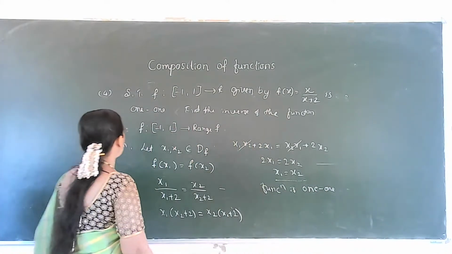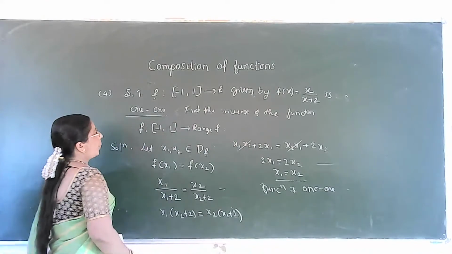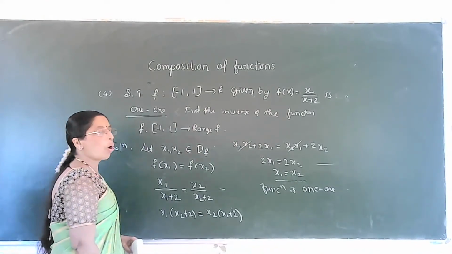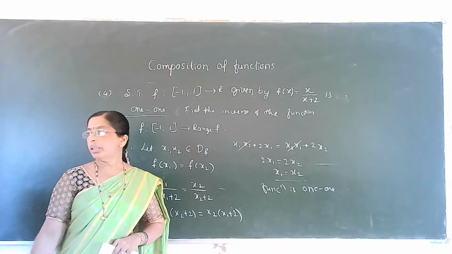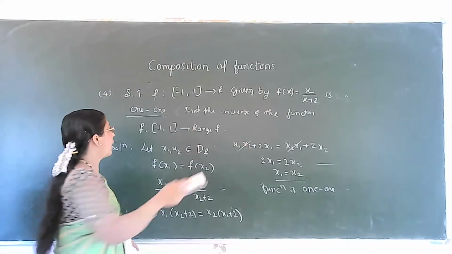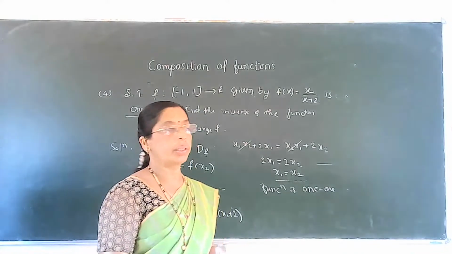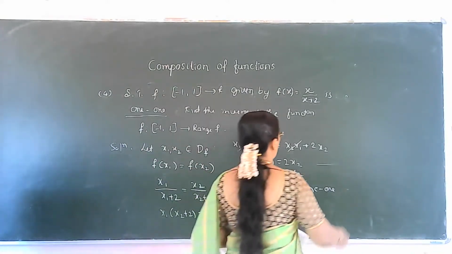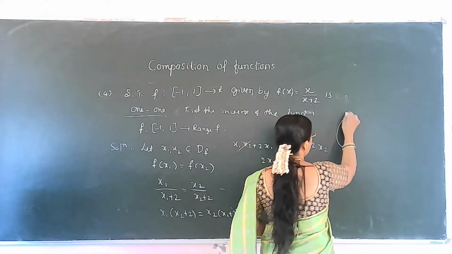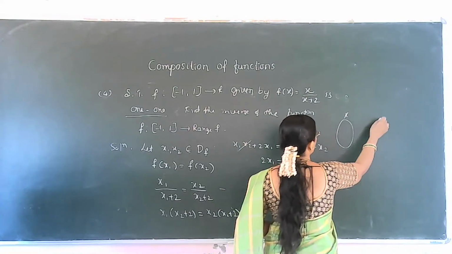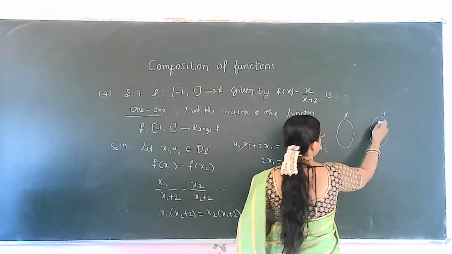We have shown the function is one-one. Now find the inverse of the function. In this part, we select an element from the range, the codomain.